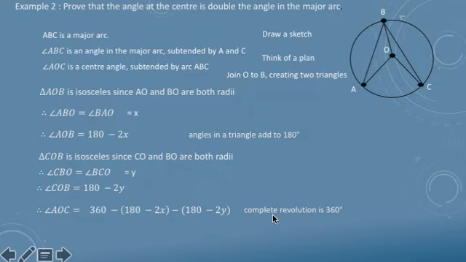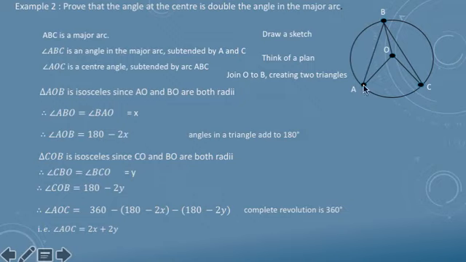Because again, as we just said, a complete revolution is 360. So those facts are important. Make sure you say why you're doing what you're doing. So that must mean, once we simplify everything, we can see the 360 is going to get cancelled by the 180 and the 180. So we're just left with 2x plus 2y.